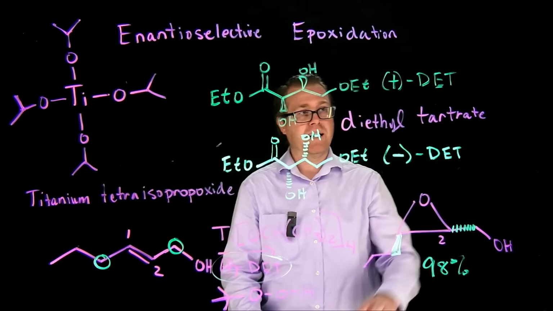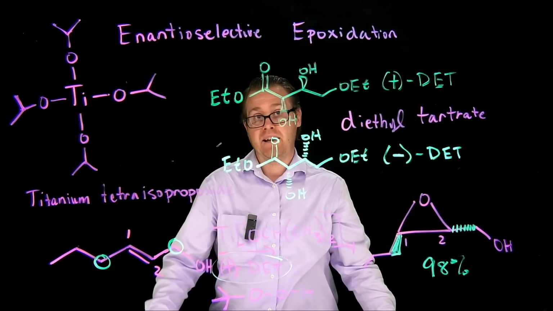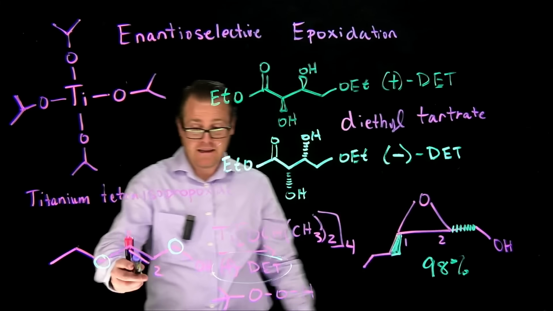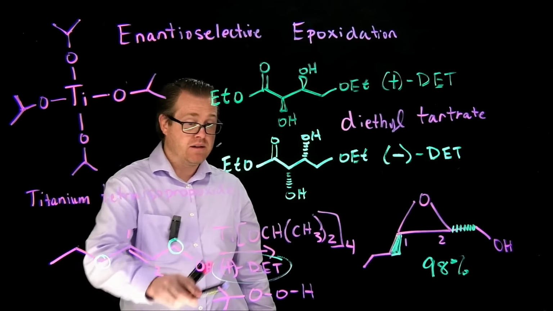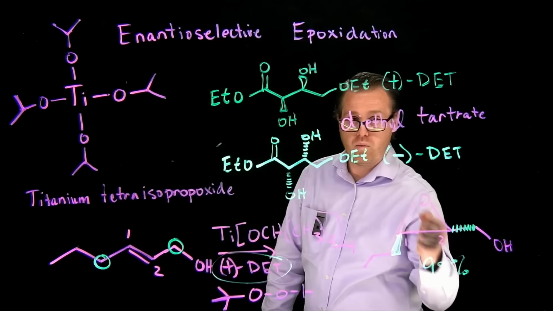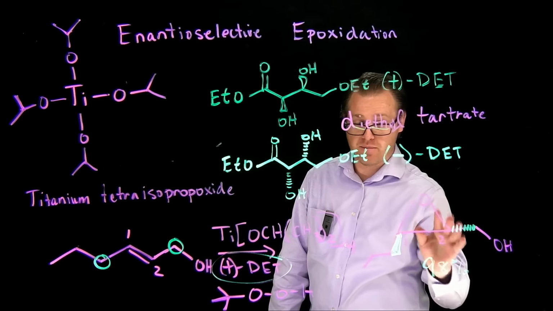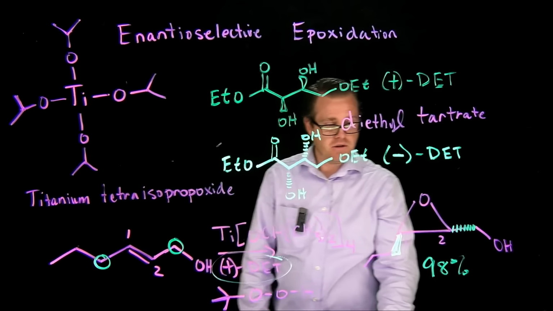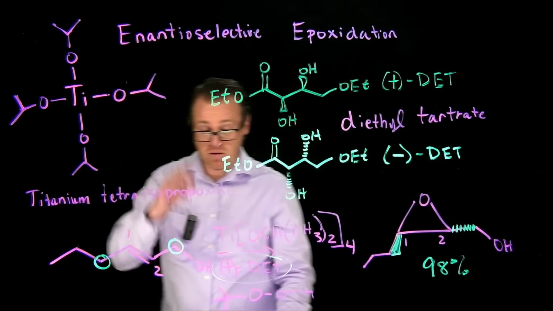Okay, so you cannot predict what enantiomer you're going to get. But what is required is you need an allylic alcohol, these reagents, and you will get nearly 100% of just one enantiomer. Okay, so that's a pretty cool reaction.